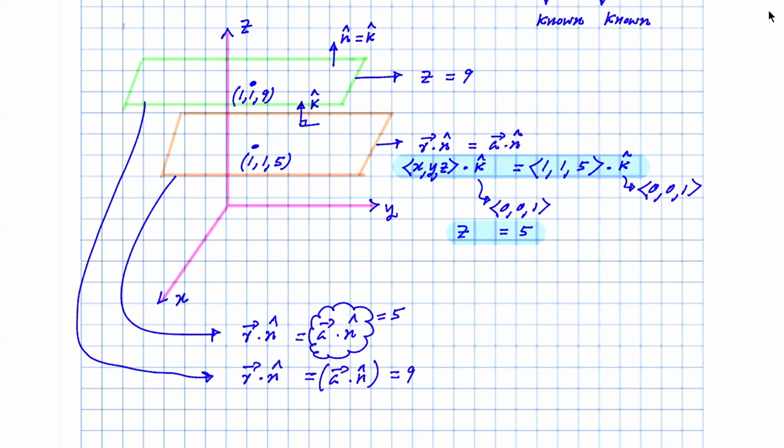Right? Now you have to understand and summarize. What is this a dot n hat and what is that a dot n hat doing? This a dot n hat is the amount which is translated from the origin. This is the origin, right? So if you make a line like this, here is 90 degrees, right? So this amount is 5.